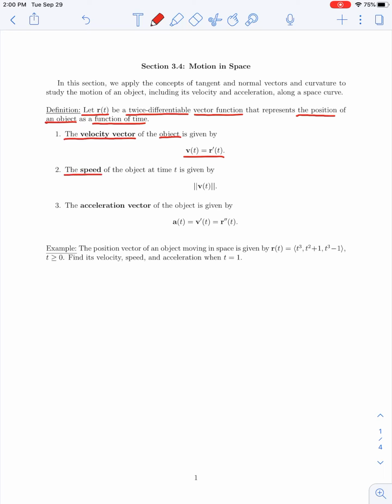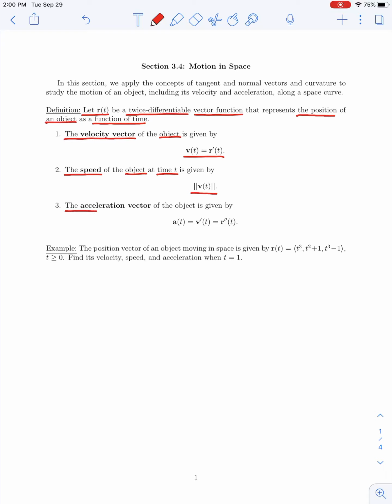And the speed of our object at a time t would be given by the magnitude of the velocity vector. So if we don't care about direction, if we just care about speed, whereas velocity is speed plus direction, we would simply take the magnitude of the velocity vector, and that is what we call speed.